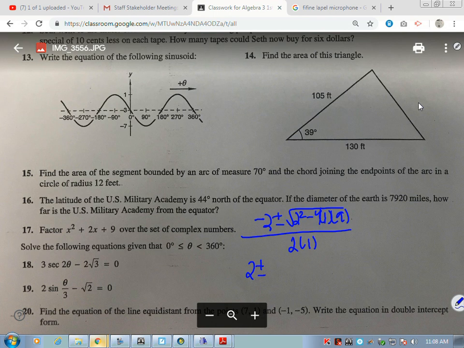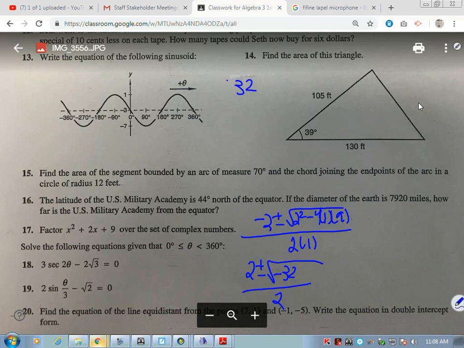We got 2 plus or minus. I hope this shows up on the video. 2 squared is 4, so we got the square root of 4 minus 36. So it would be -32 over 2. Okay. So you can end up taking that i out.